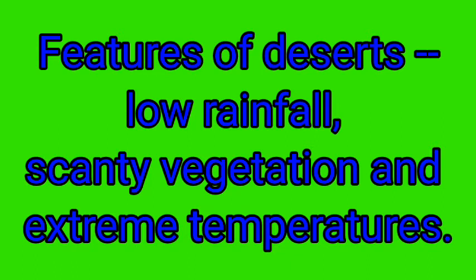Depending on the temperatures, there can be hot deserts or cold deserts. Where the temperature is high, that is a hot desert. Where the temperature is low, that is a cold desert. The people inhabit these lands wherever little water is available to practice agriculture.